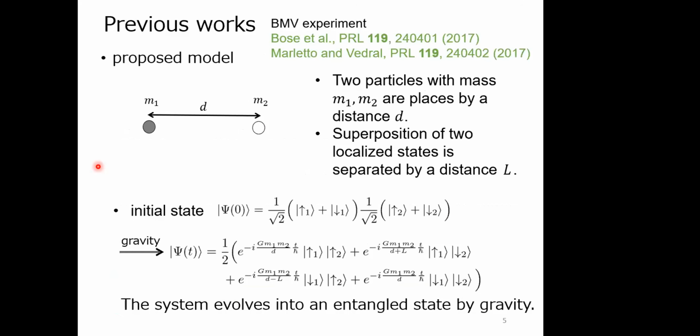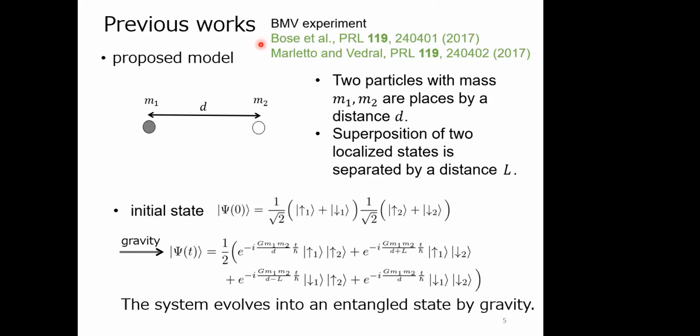Okay, now let us consider an example for testing the quantum nature of gravity by using a pair of particles. This test was originally proposed by Bose et al. and Marletto and Vedral, and this is called the BMV experiment. For this experiment, we consider the following setup.